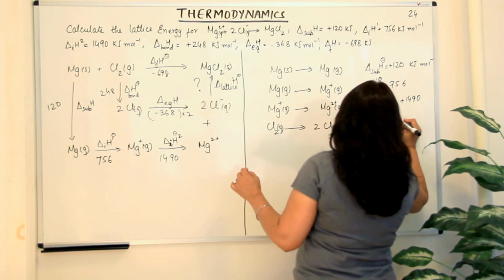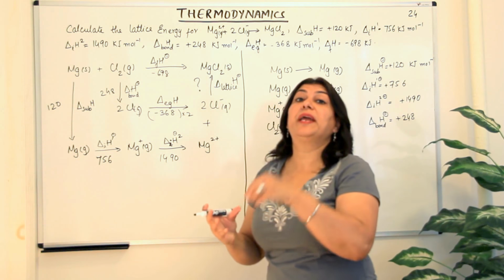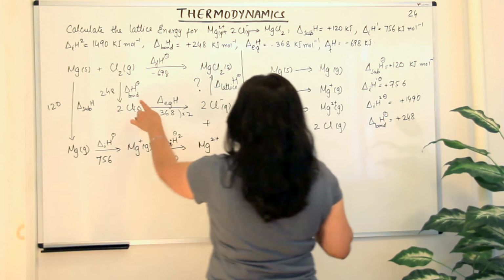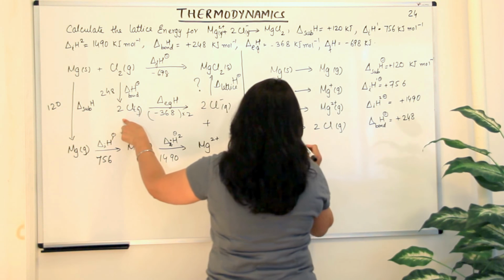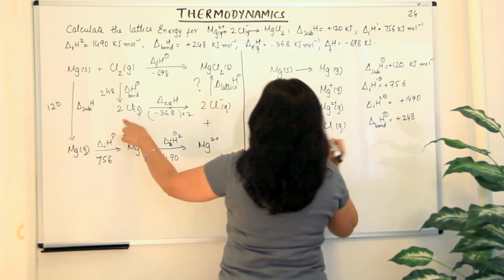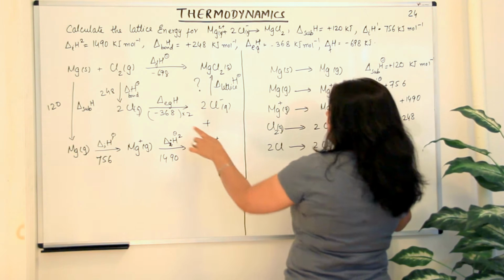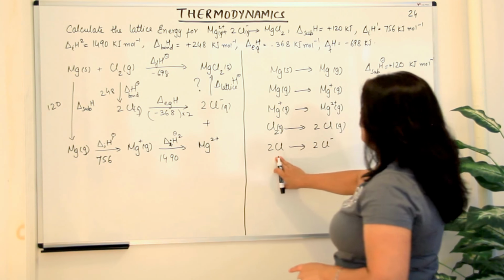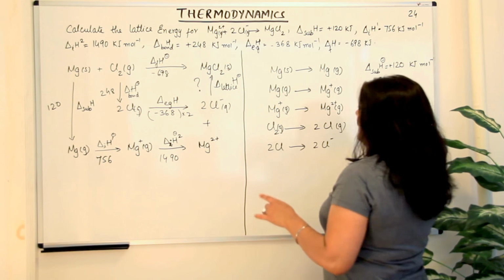It is equal to, again, plus 248, because you have to provide heat to break the bonds. And then finally, we have two chlorine atoms which have to turn into chloride ions. And for this we use the electron gain enthalpy, and since the molar enthalpy is for 1 mole and we are getting 2 moles, we'll be multiplying this enthalpy.